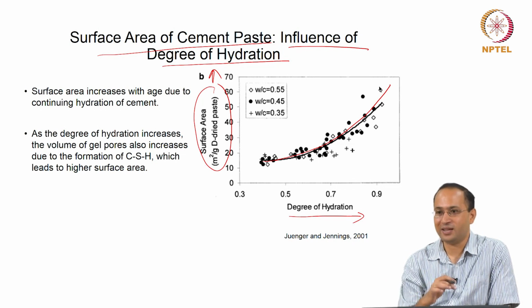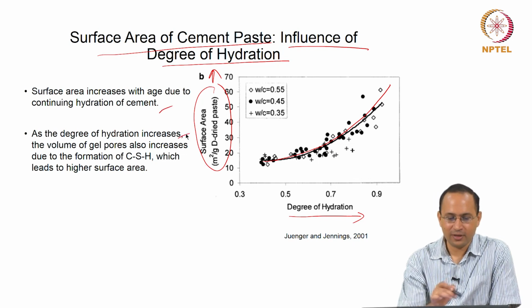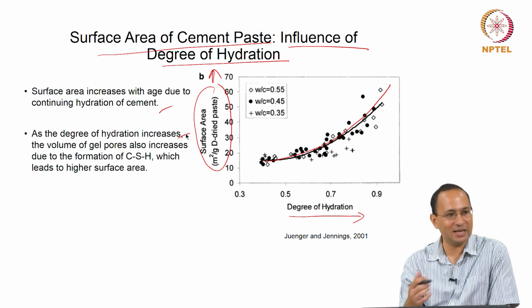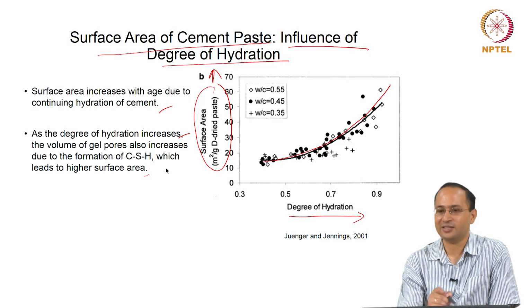Why? Because an increase in degree of hydration will lead to an increase in the amount of calcium silicate hydrate, which is the gel, and that means you form more gel pores. So, you are forming more gel pores as the degree of hydration increases, increasing the surface area.